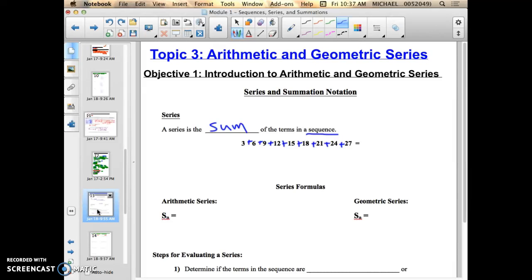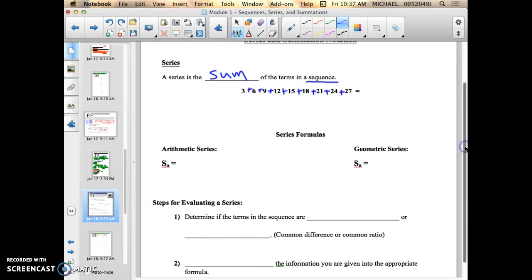So these are the two formulas we're going to work with for this entire topic. You have to become very familiar with these formulas. And just like there were explicit formulas for a sequence, an arithmetic and a geometric explicit formula, there's still going to be an arithmetic and geometric series formula. And they are as follows.